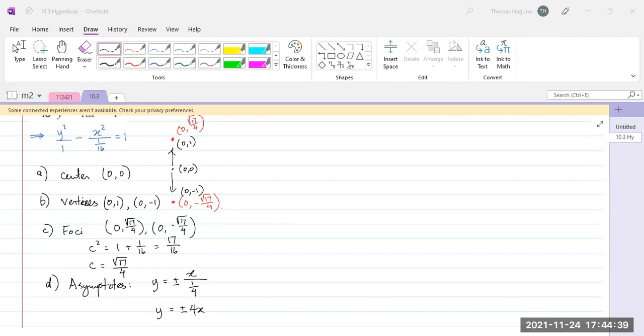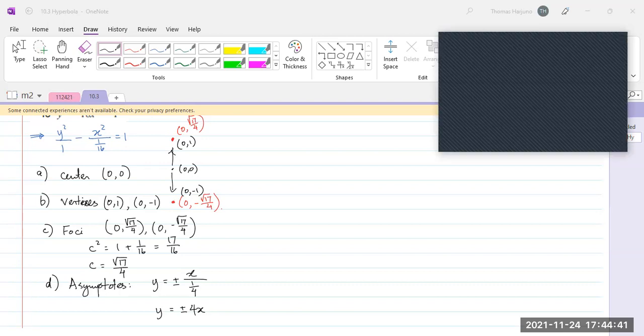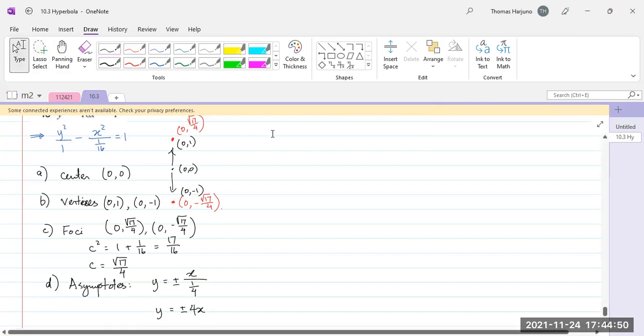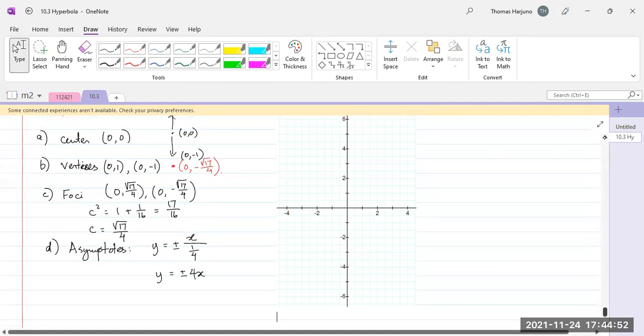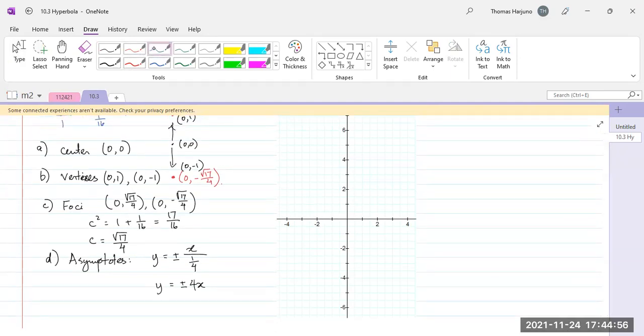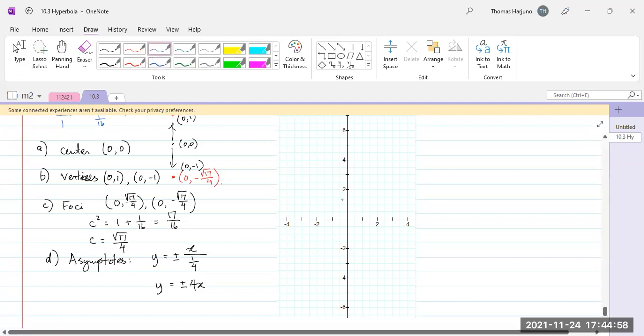Let's grab the picture. Put it here. The center is the origin. The vertices are 0, 1 and 0, negative 1. The foci, square root of 17 over 4.